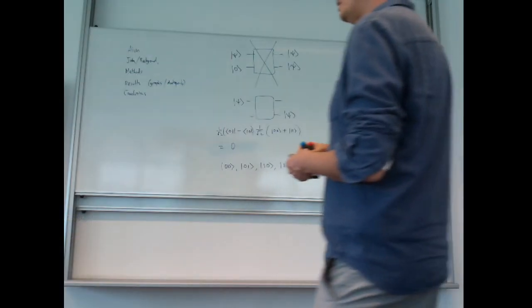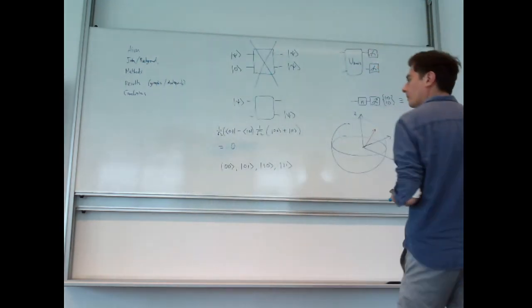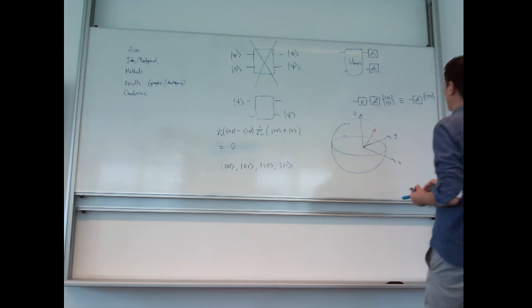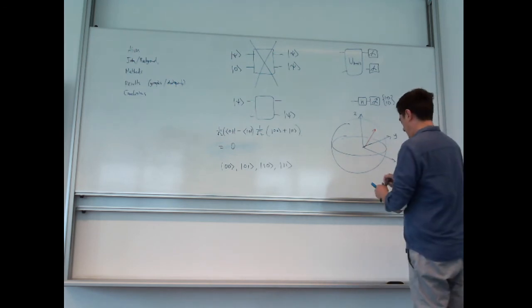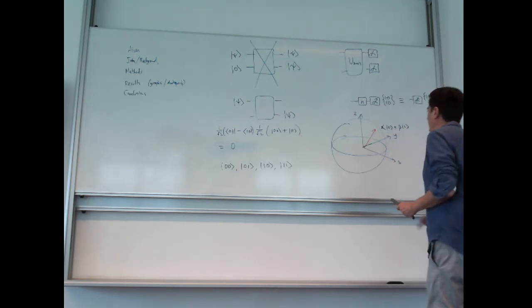So we'll have one state which is, so this was our state, alpha 0 plus beta 1.